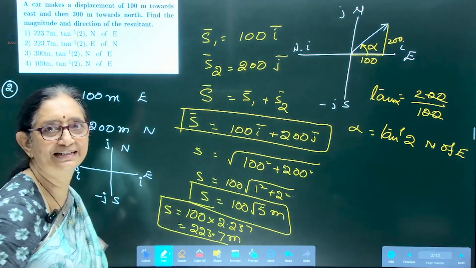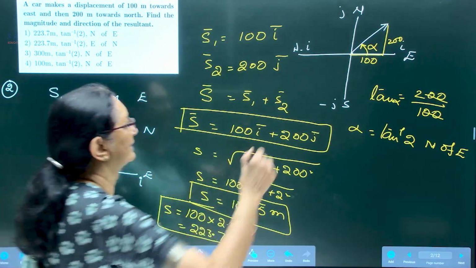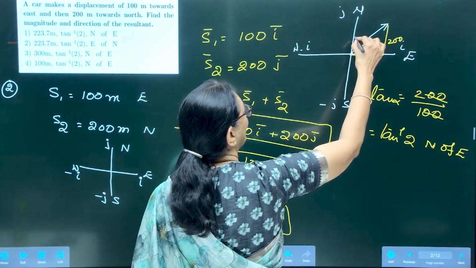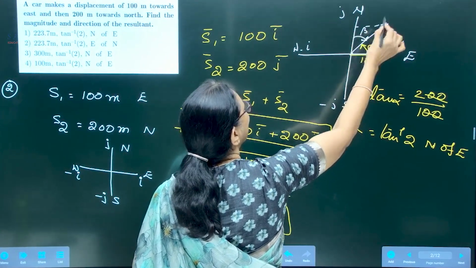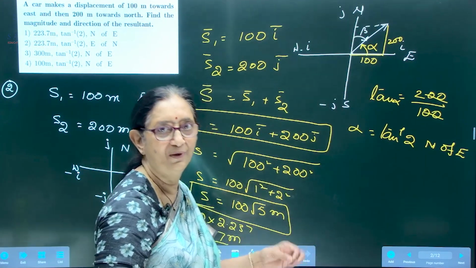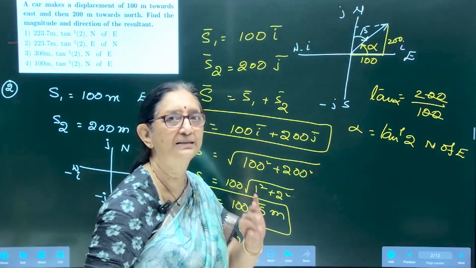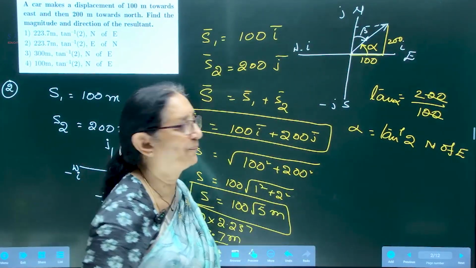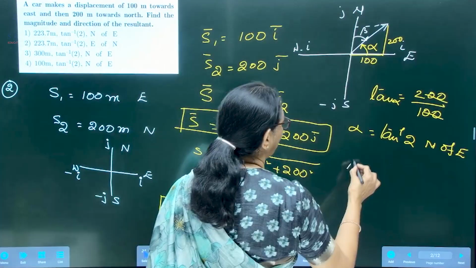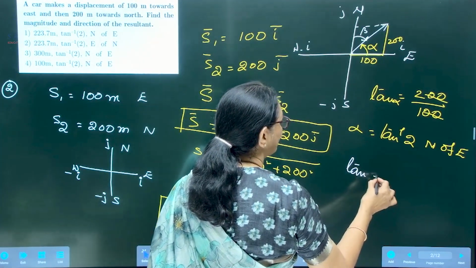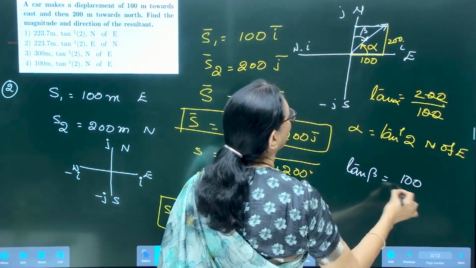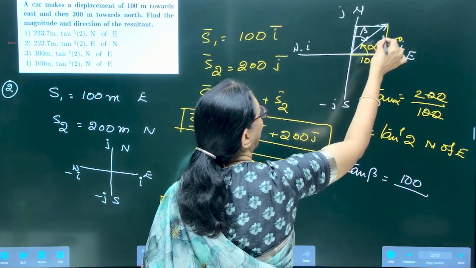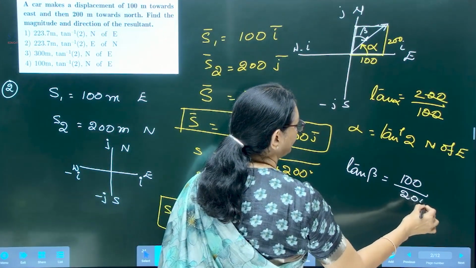Suppose the answer is given as east of north, then you have to go this way. If you take this as beta, we are just learning that also. Actually, that's not asked in the problem; we are just learning one more additional point. So from this diagram, tan beta is equal to opposite side 100 and adjacent side 200.